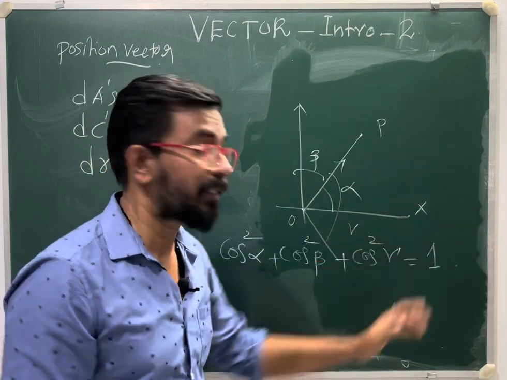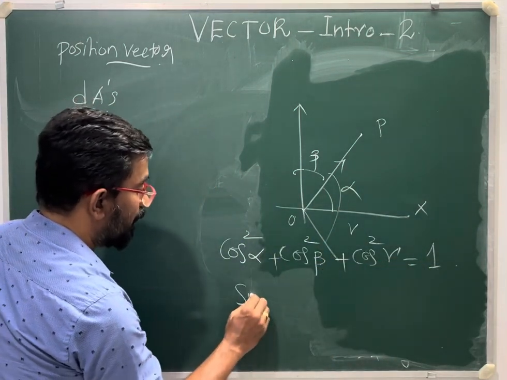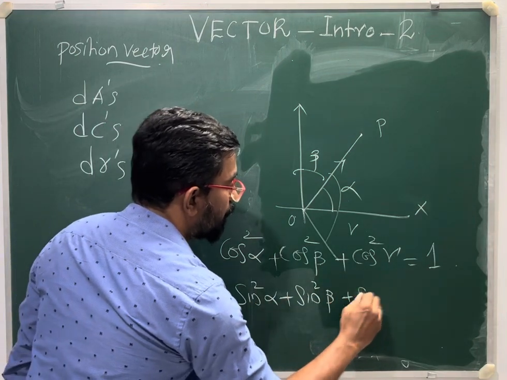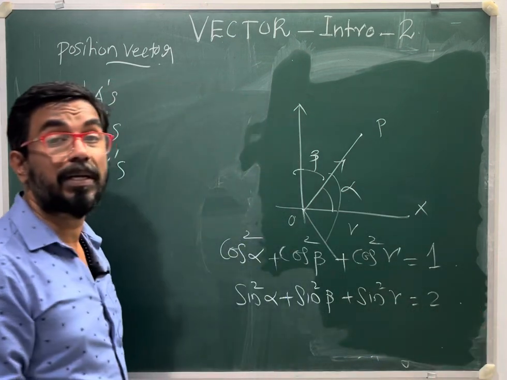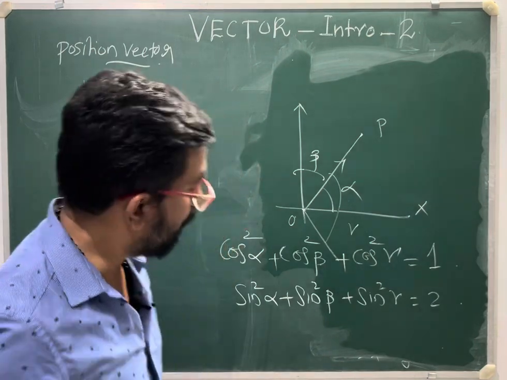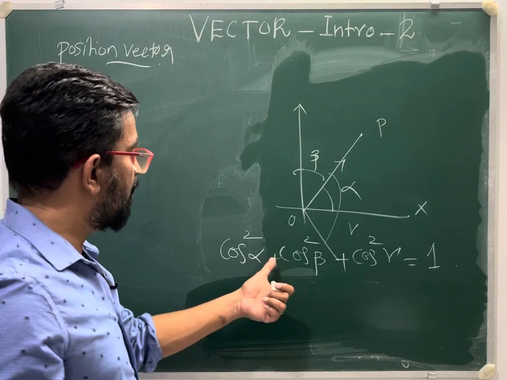You take to the other side, you will get a relation like this also. And taking 1 to this side, you can write sine square alpha plus sine square beta plus sine square gamma is equal to 2. This also you can prove by replacing this one. But that is not a matter of concern; what is important is to understand that this is a relation.